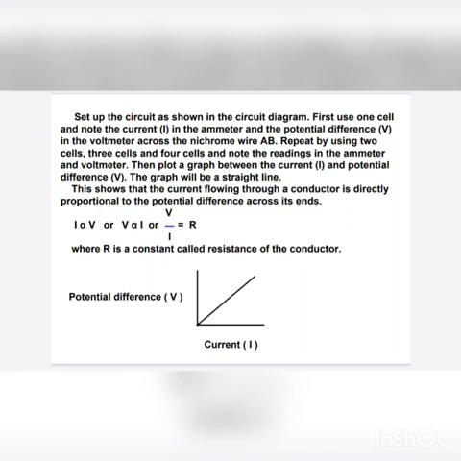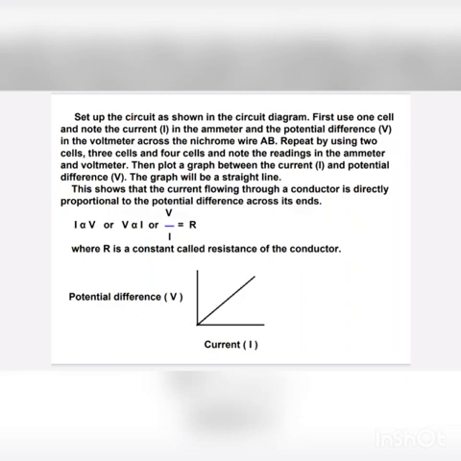And if you plot a graph, the graph comes out to be a straight line, which indicates that the current is directly proportional to the potential difference. And if you find the slope of this graph, it will give you the resistance of that conductor.